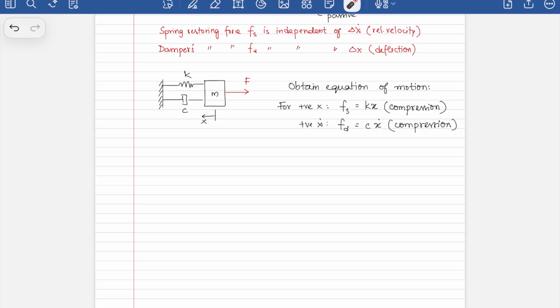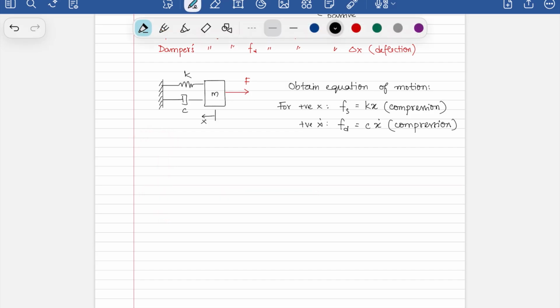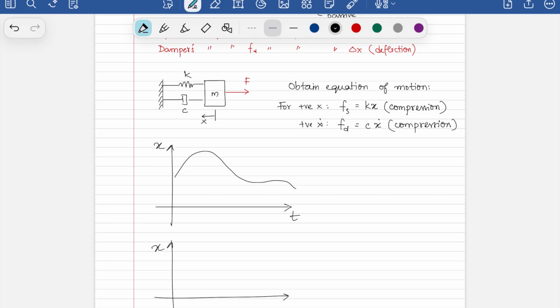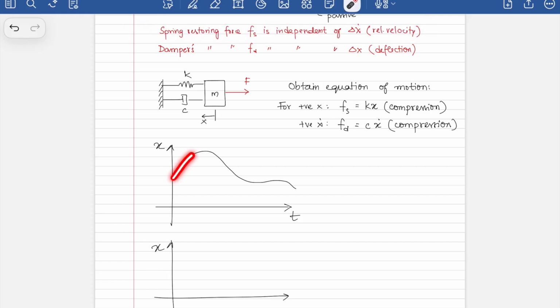If you think about it, maybe I'll sketch it properly. So you have x against time, and it's something maybe like this. How would your x dot look? X dot is essentially the slope, right? So here the slope is positive, here it becomes 0, here the slope is negative.